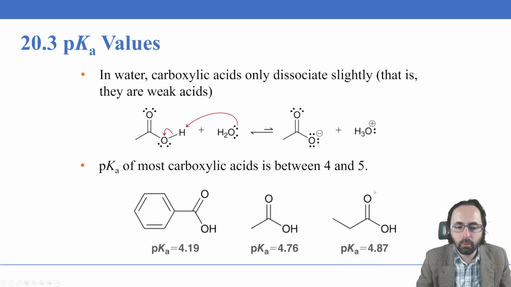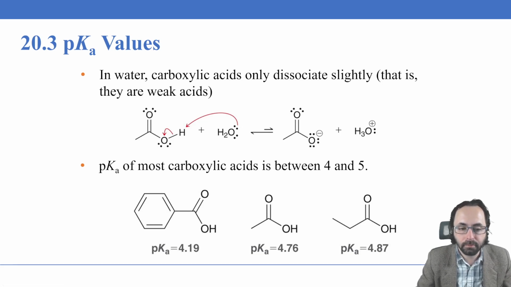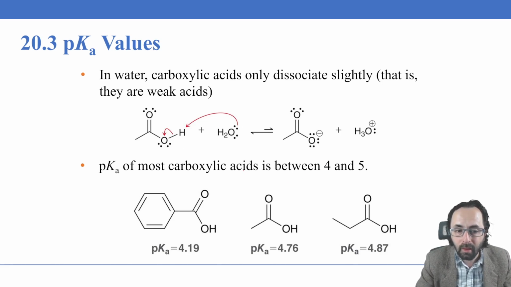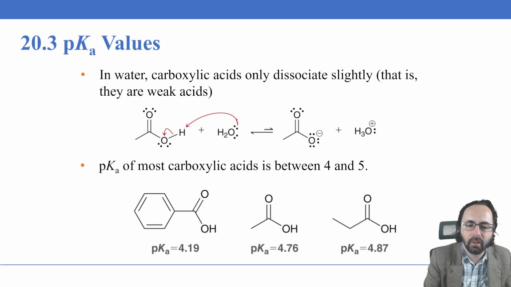Now, in terms of the relative acidities of these carboxylic acids, generally we can say that carboxylic acids are strong enough acids that at neutral pH they will be deprotonated by water itself to some extent. And so we can draw this arrow here.